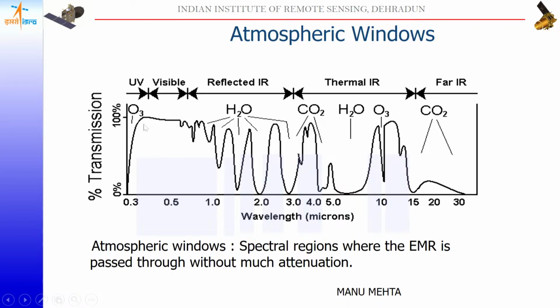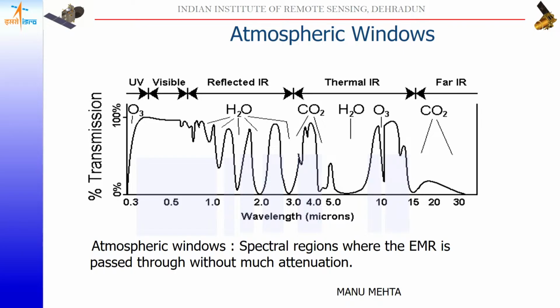You can see that this transmission is high at certain range of wavelengths. Then there are some dips here, here, then again there is a rise, peak, and then there is a dip. Wherever there is a peak, that means the atmosphere is allowing the passage of these electromagnetic radiation. Okay, so these regions of electromagnetic radiation are atmospheric windows.